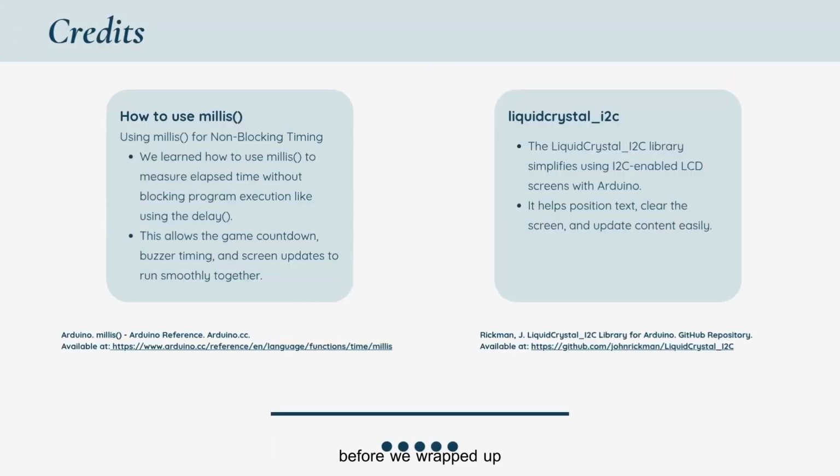Alright, before we wrap up, we would like to acknowledge two key resources that helped us during development. First, we learned about the use of millis from the official Arduino documentation. This function was essential for handling non-blocking timing in a project, allowing the countdown, buzzer, and screen updates to work together smoothly without relying on the delay function.